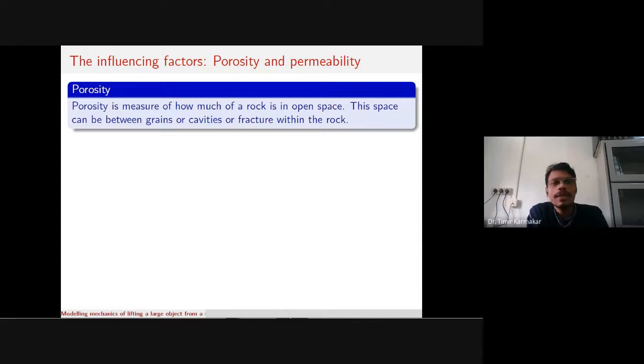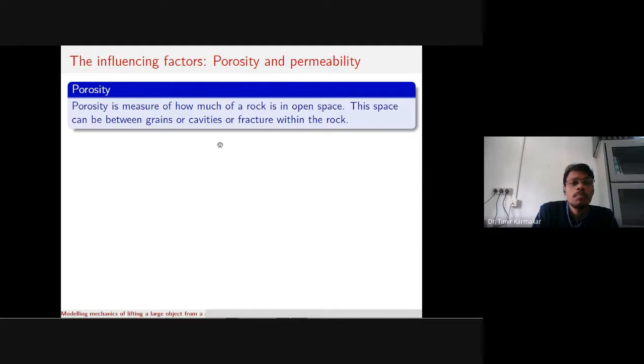If we have an idea about the soil characteristics of the seabed, that will make our life easier. So we need to know about these two important factors that influence this breakout phenomenon.